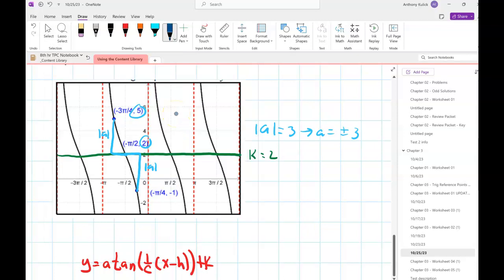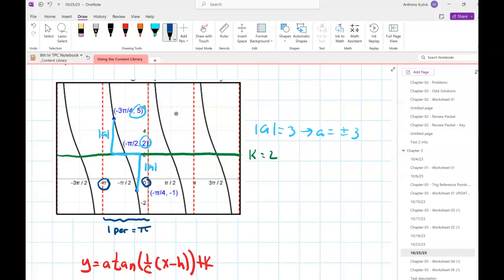Next thing we look for is the period. The period's just going to be the distance from asymptote to asymptote, right? That'll be one period. So we started at negative pi and we went to 0. How far was that? Pi.